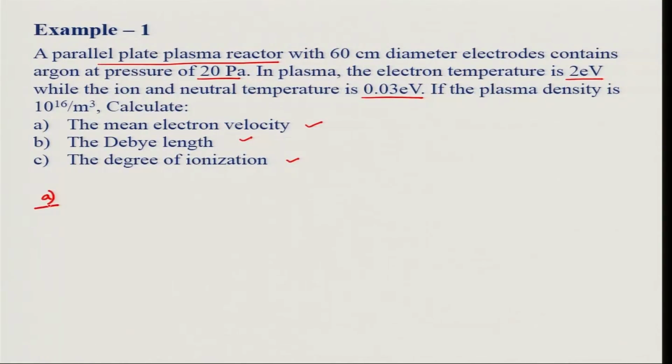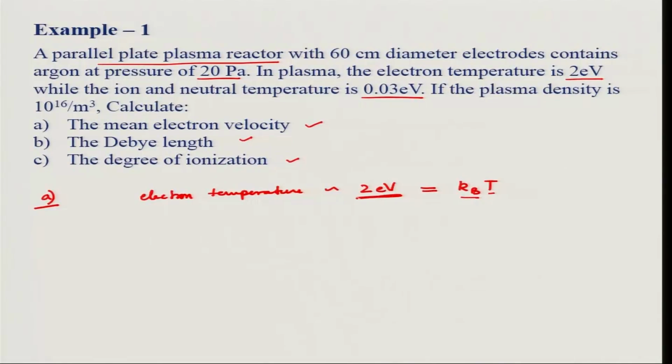We know that electron temperature is given in units of energy, and this relates to kB T. The temperature is T, but since kB is a constant, we can call this energy also the temperature of the electron.